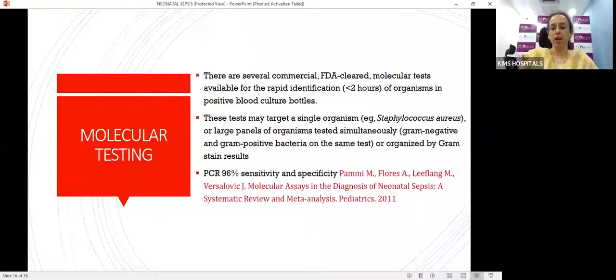These tests target either a single organism, for example if a single organism is repeatedly the culprit in many babies with neonatal sepsis in our NICUs, or a large panel of organisms can be tested simultaneously, that is gram negative and gram positive bacteria on the same test, or organized by the gram stain results. For these molecular methods, that is the polymerase chain reaction test, the sensitivity and specificity are relatively high, around 96%. They help in earlier and quicker diagnosis of bacteria from the blood sample.